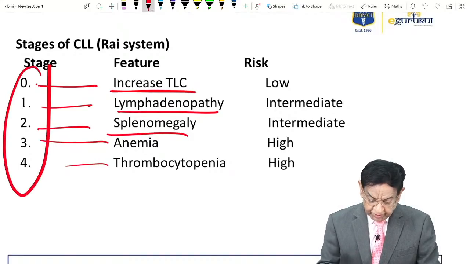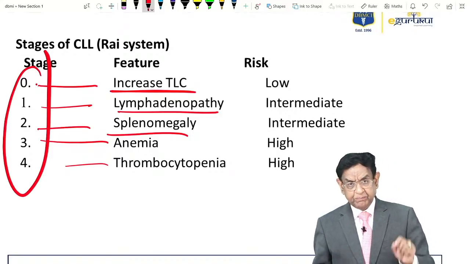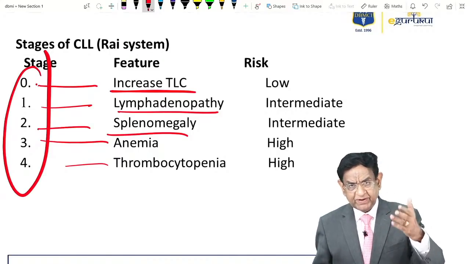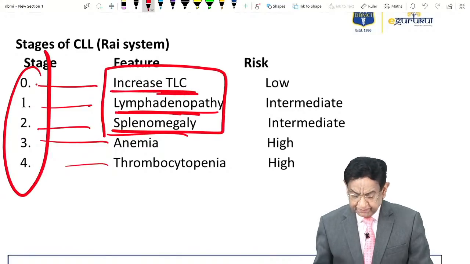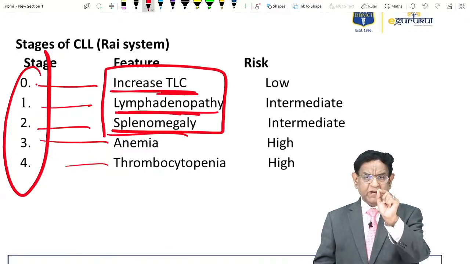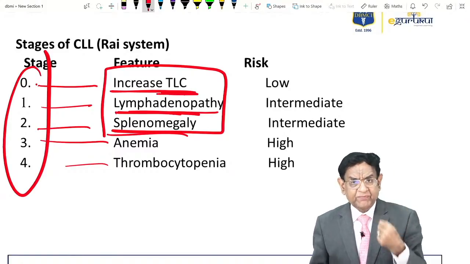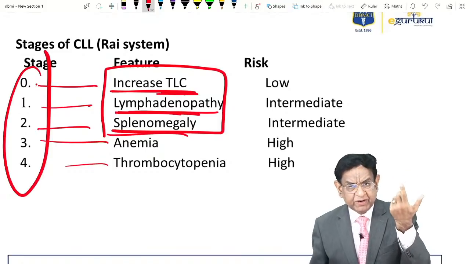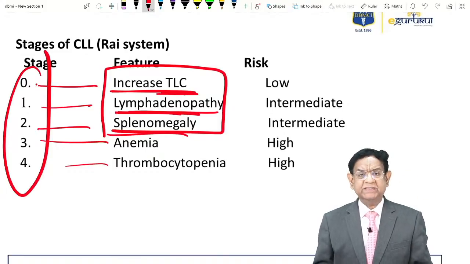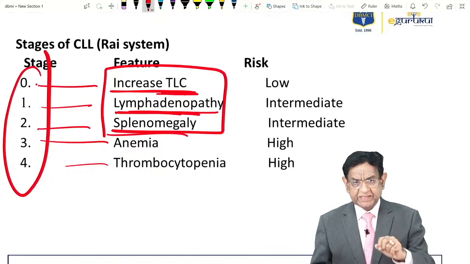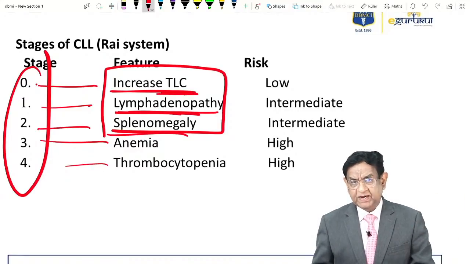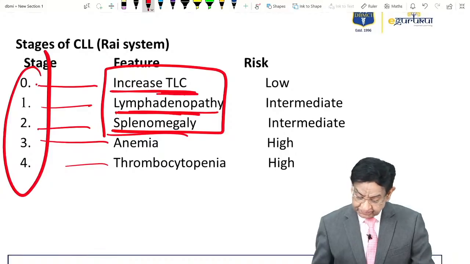Point to be noted that when we are talking about increased TLC, then lymph node and then splenomegaly, you remember lymph node enlargement was the most common finding seen in around 80 to 90%. Splenomegaly was in about 50 to 60% of cases.